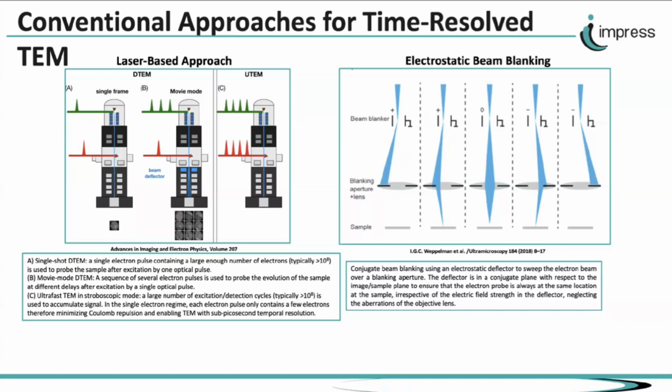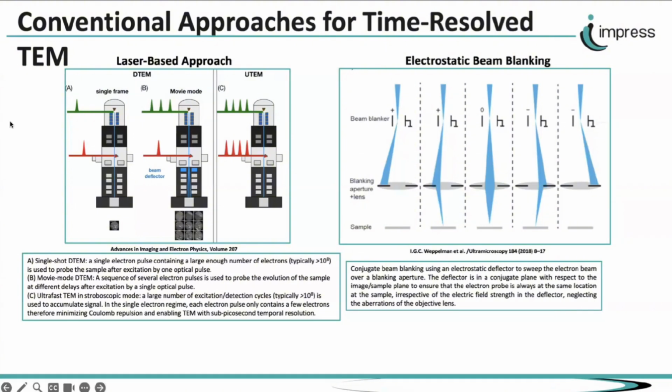You can tune your laser beam, of course, with different electron guns to go through a single frame or a stroboscopic mode. In a single frame, you need to send a huge and very strong laser pulse to your electron beam, creating a huge amount of electrons, typically 10 to the power 8 or even 10 to the power 10 electrons per pulse, to have enough signal to form an image from your sample.